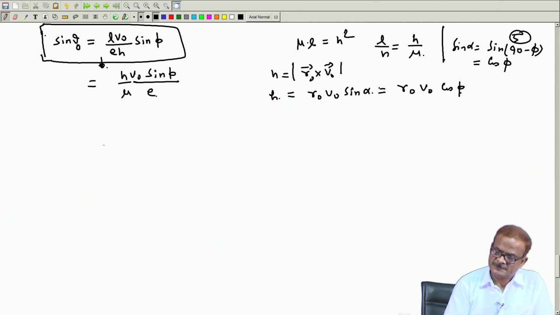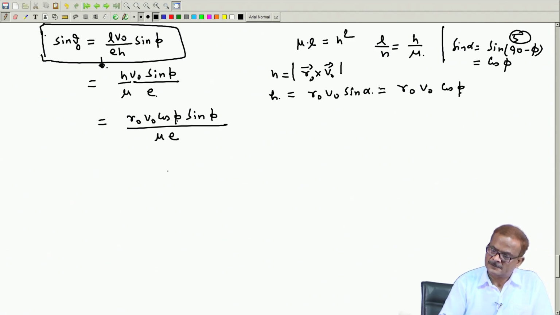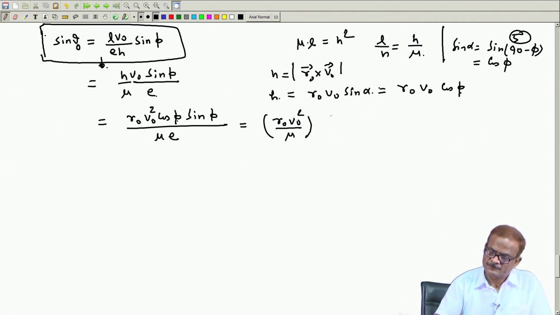This is your h. Therefore, if we insert this h here, we get r0 V0 cos phi sin phi divided by mu e, and V0 is already there. So, r0 V0 square becomes, now this is in a format where you can work it out, sin phi cos phi divided by e.